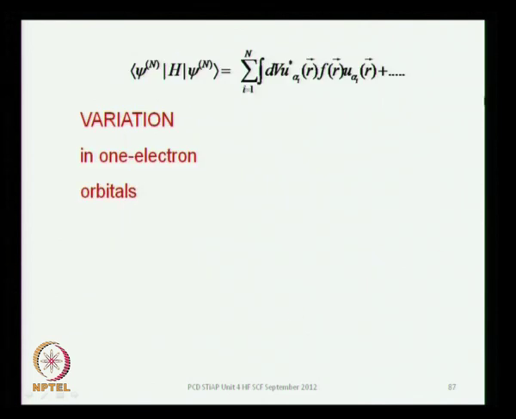So, let us look at the first term. The first term is the single particle integrals, and you are seeking a variation in 1 electron orbital. These are the 1 electron orbitals, alpha i, and you must sum over i going from 1 through n, and these 1 particle orbitals come here and here, and both of these are subject to the variation.